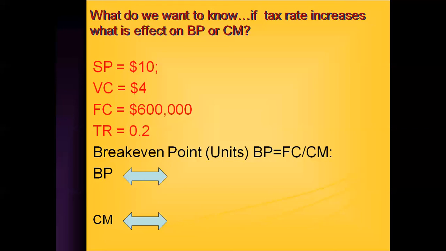So keep that in mind, that whenever they talk about a tax rate increase, it really does not affect the break-even point or contribution margin, because tax rates come into effect after your break-even point is set and there is income to be taxed.